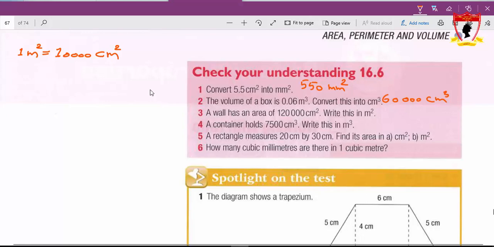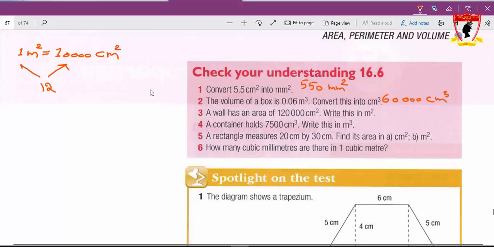120,000. Then how can we get 120,000 here? If we multiply 10,000 by 12, because 120,000 has 4 zeros. We already have the 4 zeros, we just need the 12. We must multiply the side by 12 to get 120,000 centimeters square.